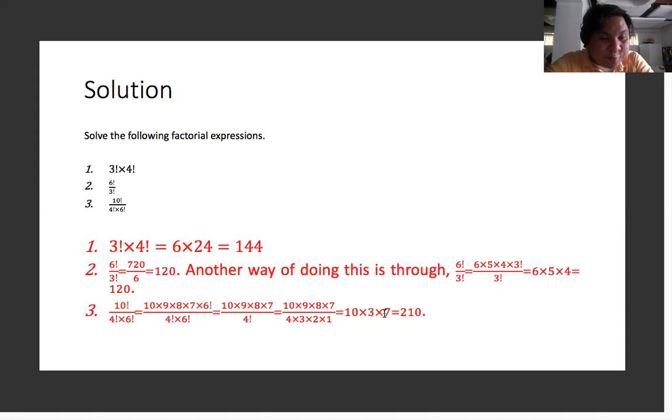And the answer, therefore, for number 3 should be 210. So if you're using technology, you might need to practice how to enter this. Maybe you could try and practice now, just to make sure that later, when you get into the main exercise questions, you'll be able to compute them faster and accurately.